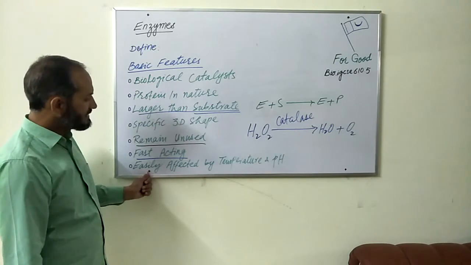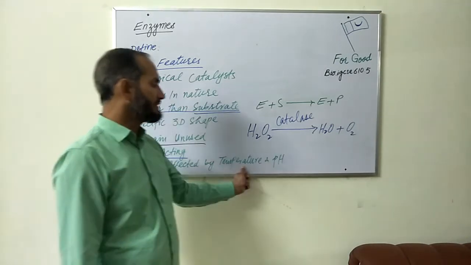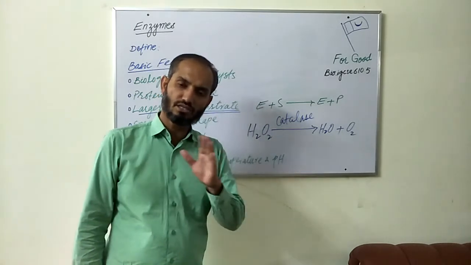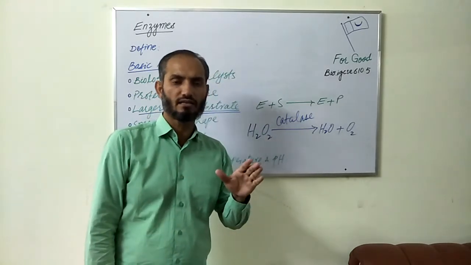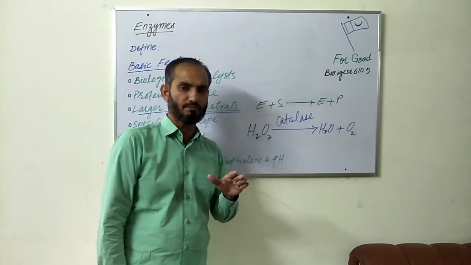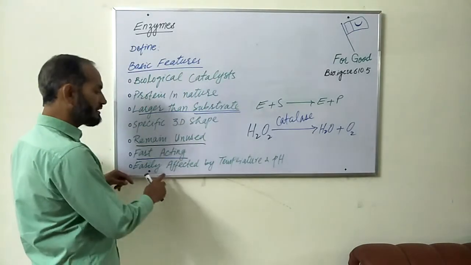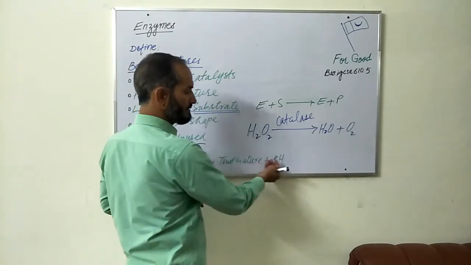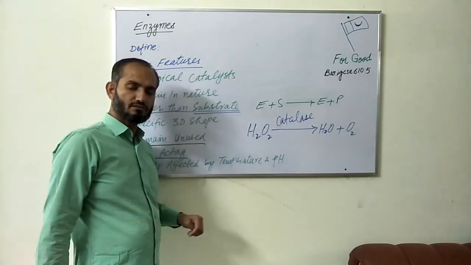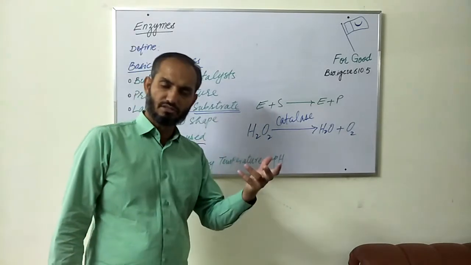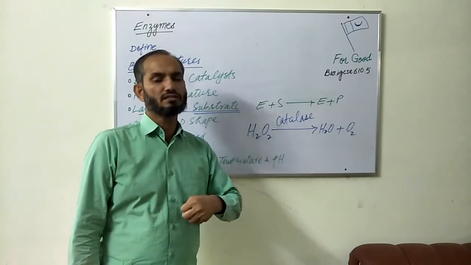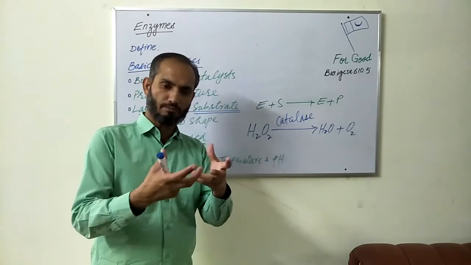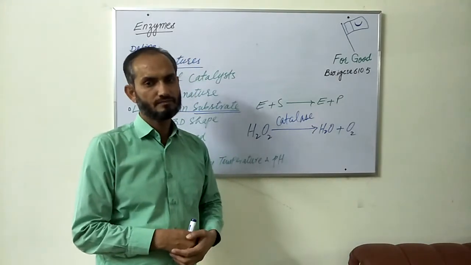Another feature is that they are easily affected by temperature and pH. I have said that they are unused, they are fast acting, they are of specific 3D shape, but they are also affected by some factors like temperature, like pH, and many other factors such as poisons, inhibitors, and even there are some helping chemicals which can help maintain the structure of the enzyme.